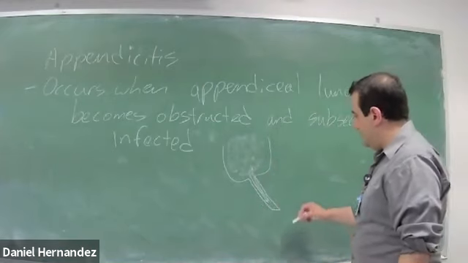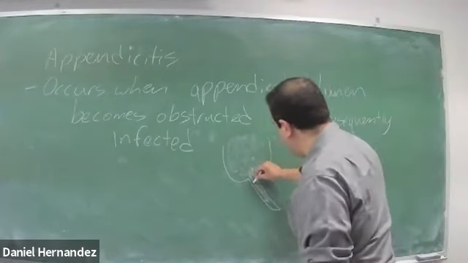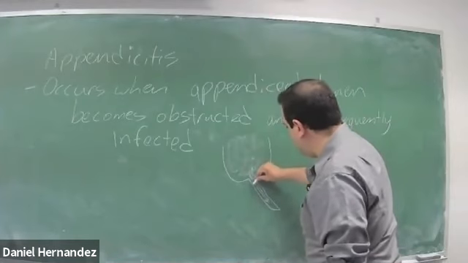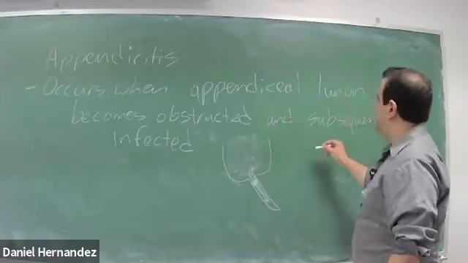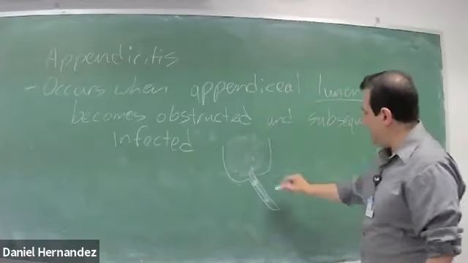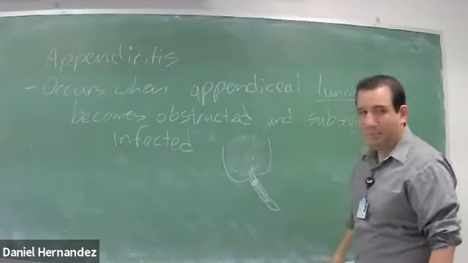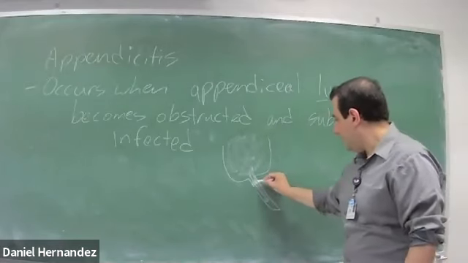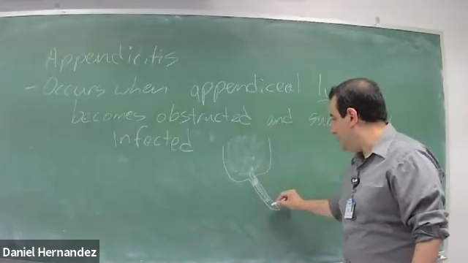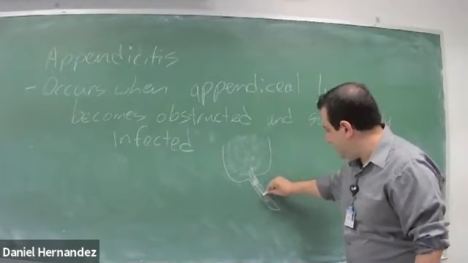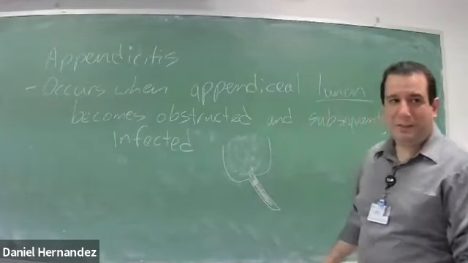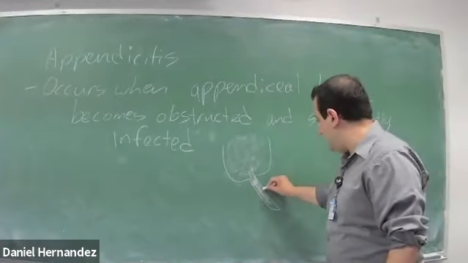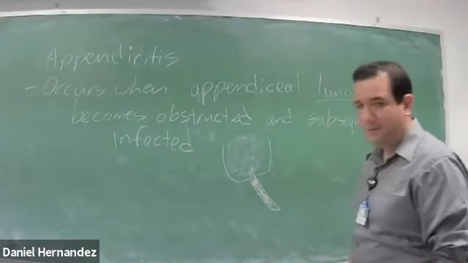So what happens is some material comes in, becomes lodged, and blocks that appendiceal lumen. The lumen is the inner layer, the inside of the appendix. It becomes blocked, and then the material inside will start to decay, break down, and eventually infect the wall of the appendix.